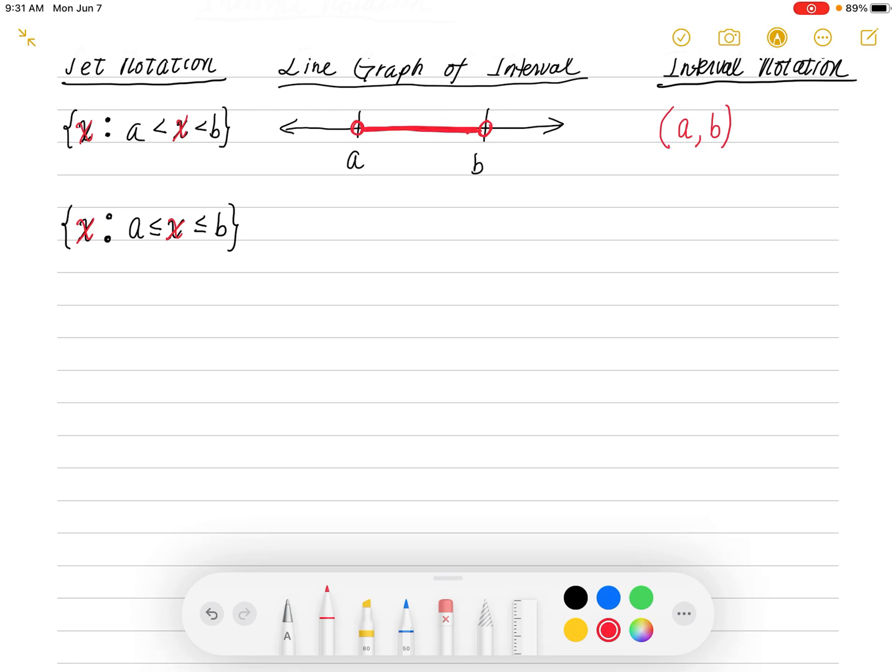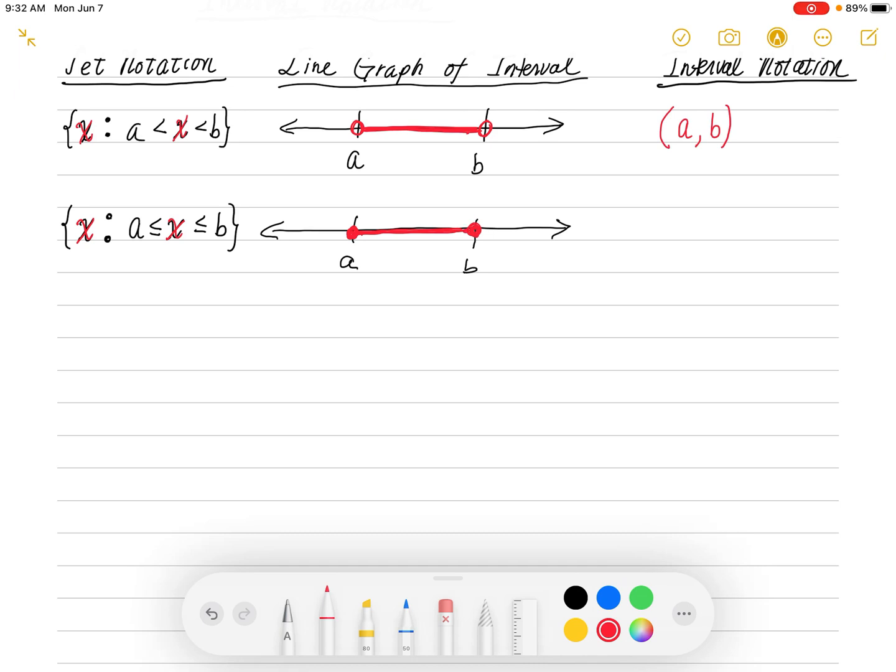Because you have those little partial equal to signs. So I'm going to draw a little line graph. I'm going to put down an a, that's going to be some number, b, that's going to be some number. And x is in between, we know. It's greater than a, and it's less than b. But also because we have those little partial equality signs, we're going to include a and b. And how do we designate that? Well, we fill in the circles. So we're going to have these closed circles on a and on b as well.